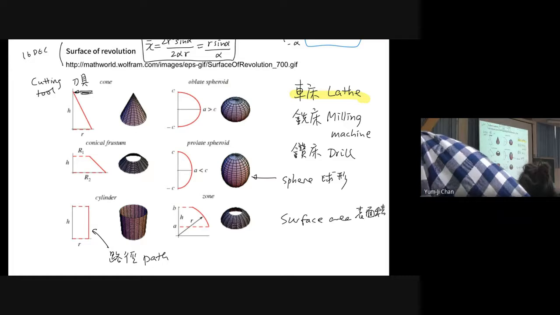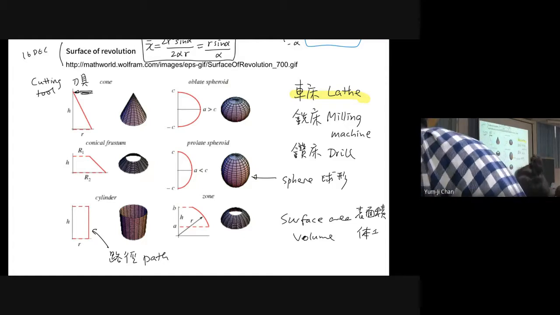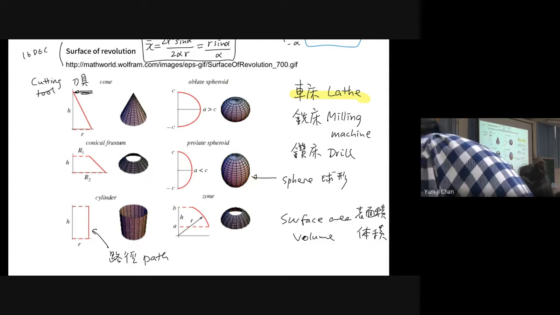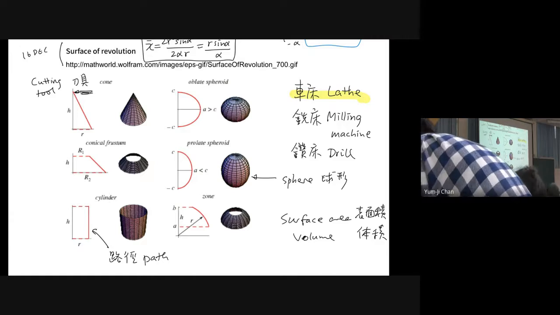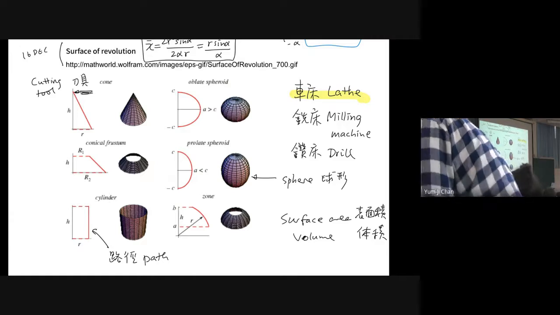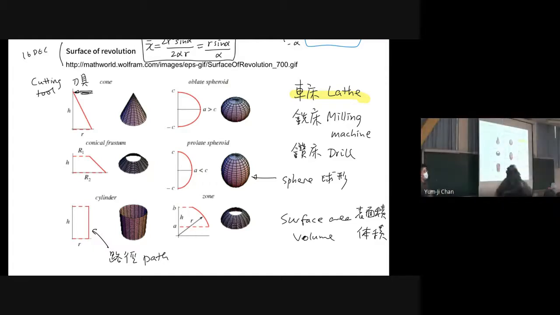Of course, we can use integration to get these surface areas and volumes, but integration is never easy.